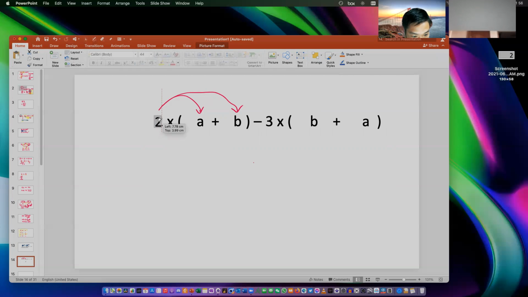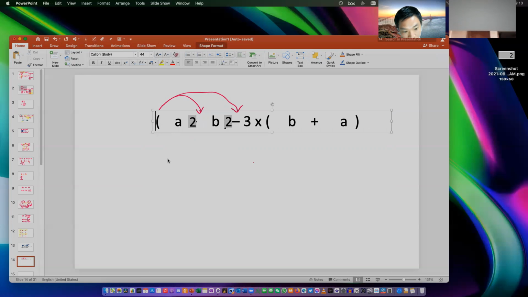So your 2, after the first arrow, you move it inside here. Then after the second arrow, you move your 2. Let me give another 2, copy, paste. So you move it to the second arrow, you move it here. So that's why here, gone.